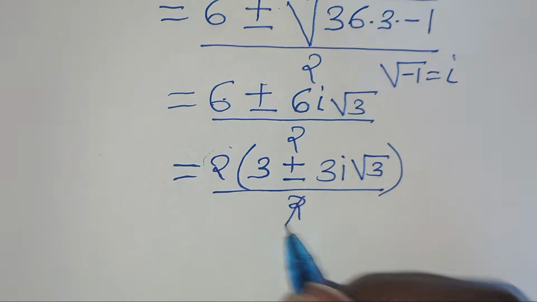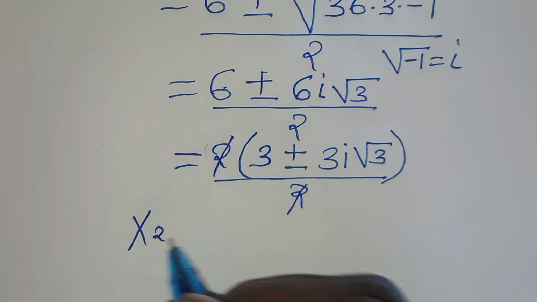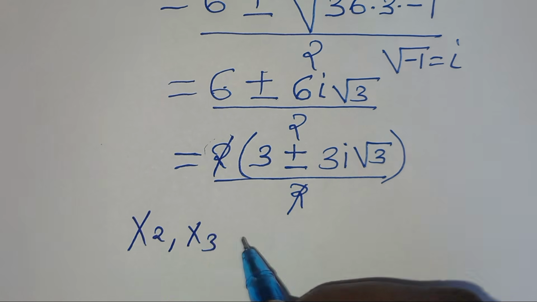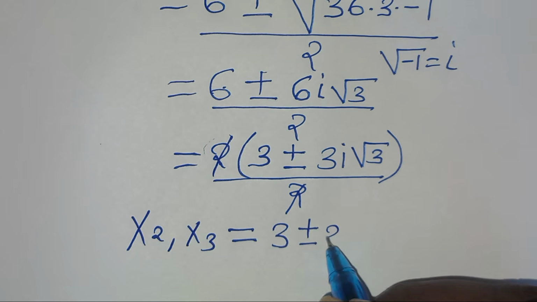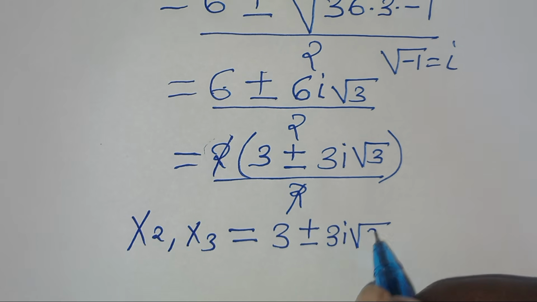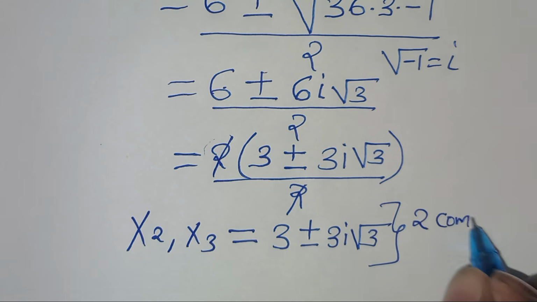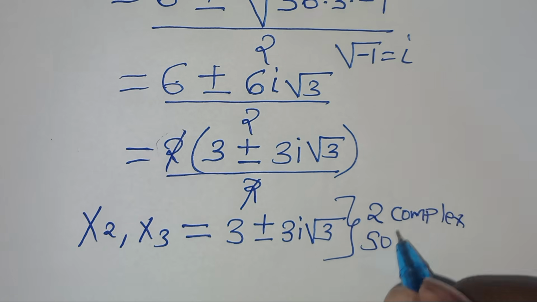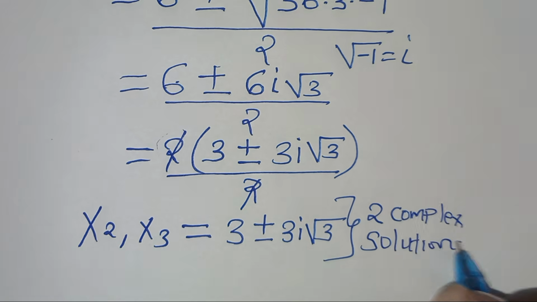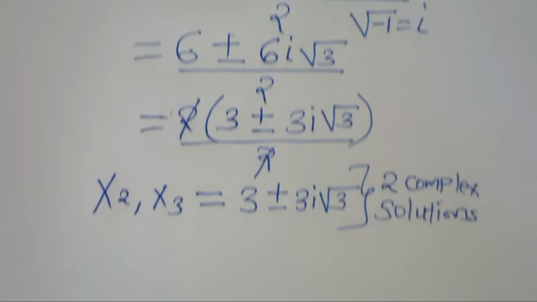So let's simplify 2 and 2 here so that we have x2, x3 equal to 3 plus or minus 3i square root of 3. So you find that these are two complex solutions under case 1. So let's proceed to case 2 from here.